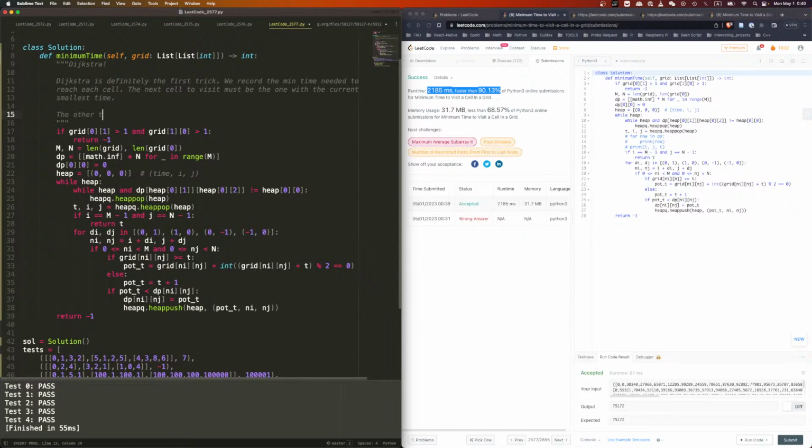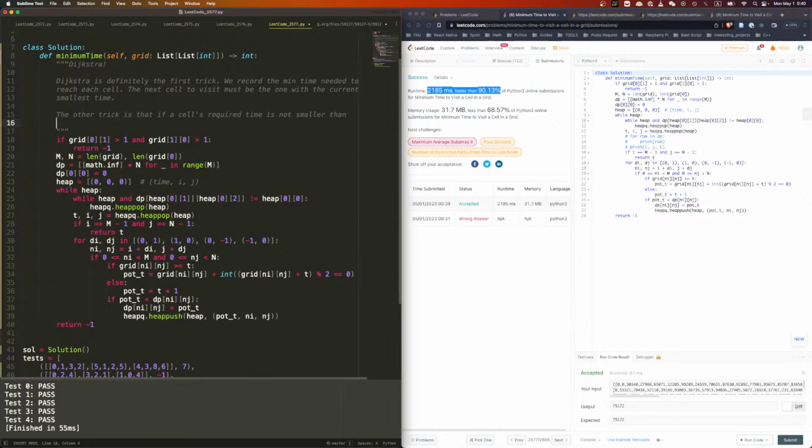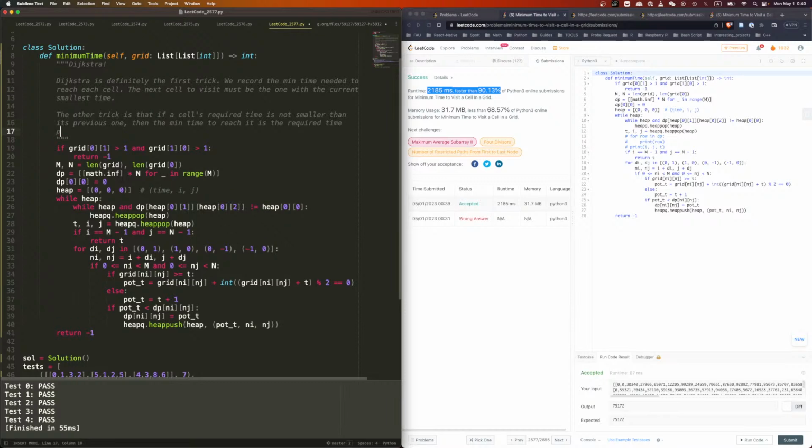The other trick is that if a cell's required time is not smaller than its previous one, then the min time to reach it is the required time plus 1 if the required time has the same oddity as the previous time.